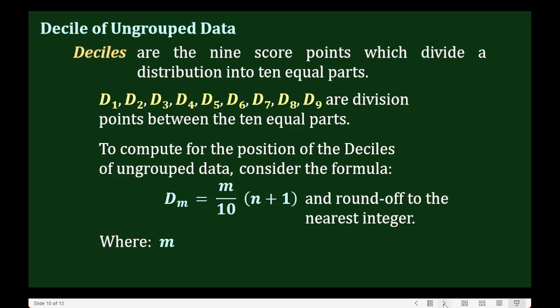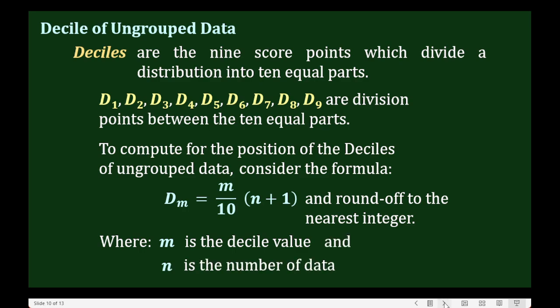Where m, the small letter m, which is the subscript of D, denotes the decile value, and n is the number of data. Okay. Now let us use that formula to this set of examples.